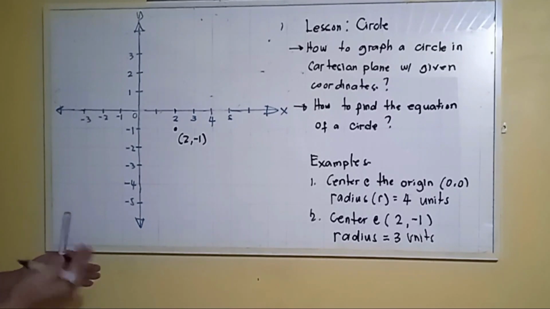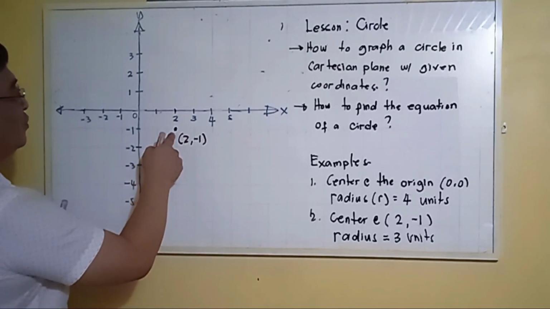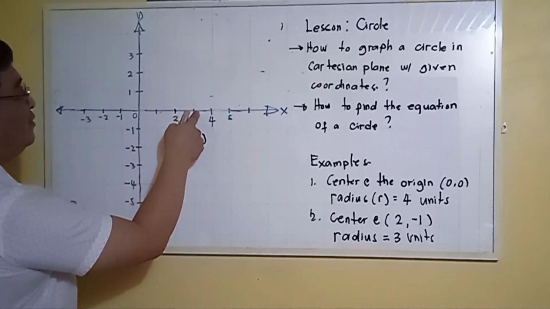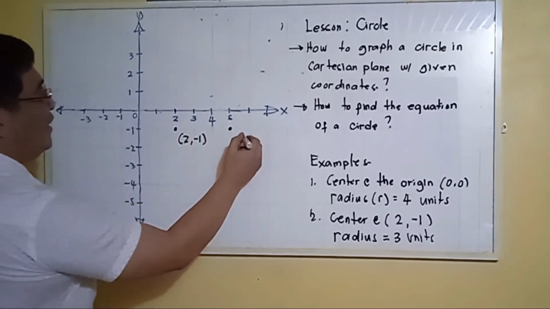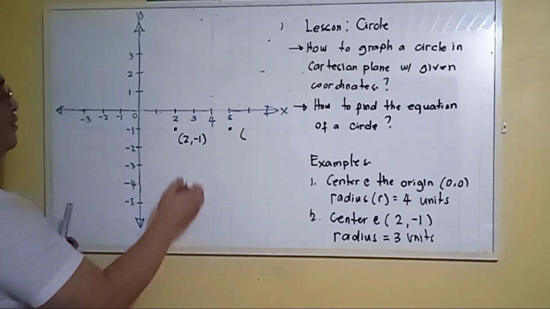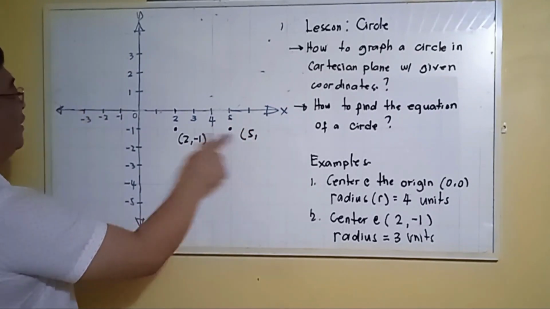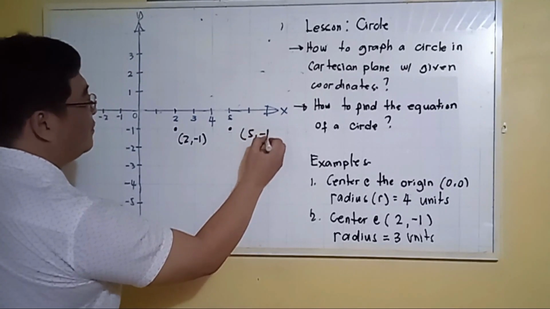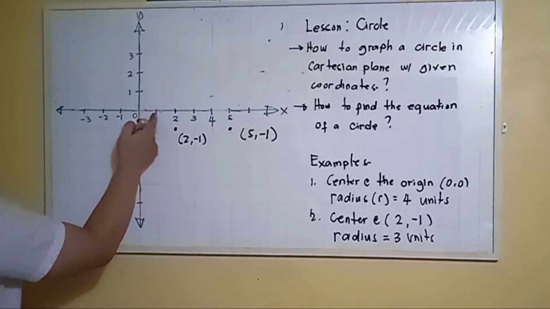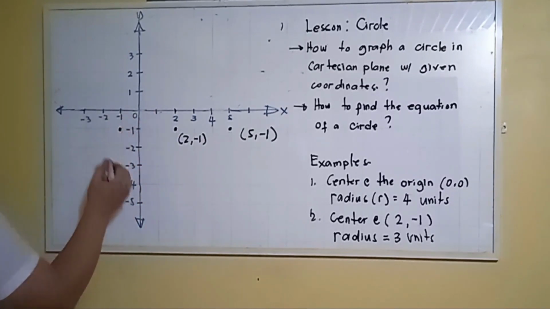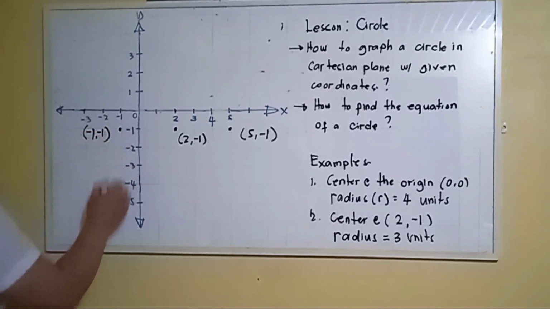So, meron tayong center. Diba? Sabi natin, we are going to count 3 units away from the center. To the right tayo. So, 1, 2, 3. So, ito yung isa sa point natin papunta sa kanan. Identify na natin yung coordinate na to, na isa sa mga locus of points ng circle: 5, and then ito, pareho lang, it's negative 1. Ganun lang, sa bandang kaliwa naman, 3 units, 1, 2, 3, from the center: negative 1, negative 1.